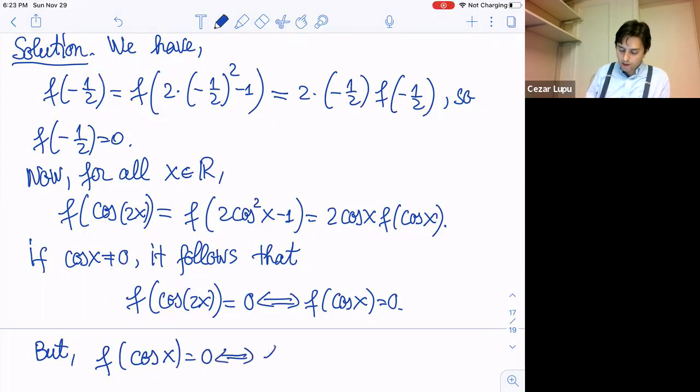And f of cosine of x is 0 is equivalent with f of cosine of x plus 2 pi is 0, right?